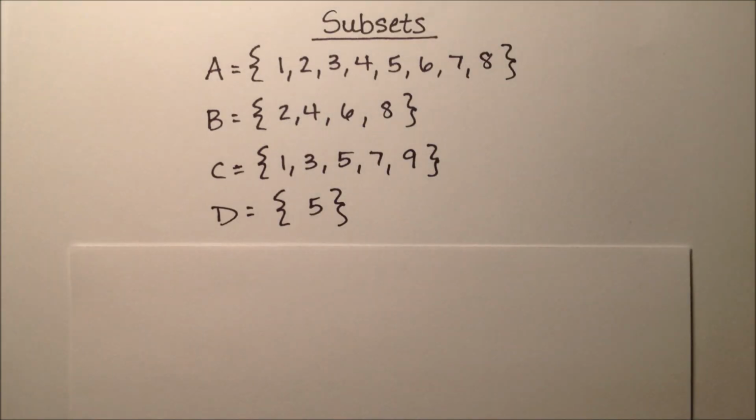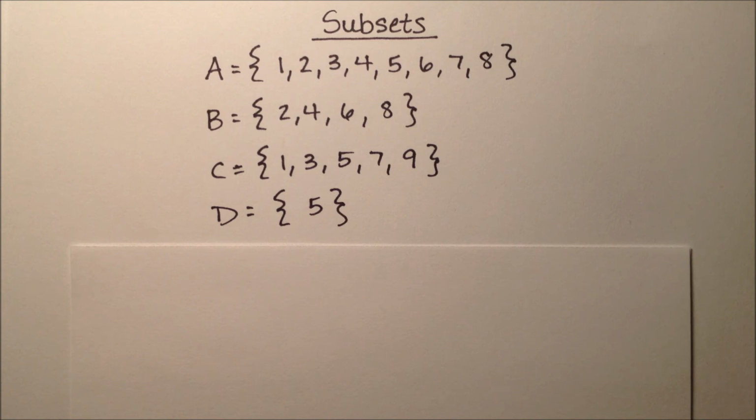To finish our lesson on sets, let's take a quick look at subsets. I have listed here 4 sets, set A, B, C, and D. Set A contains the first 8 natural numbers. Set B are the first 4 even numbers. Set C includes the first 5 odd numbers.